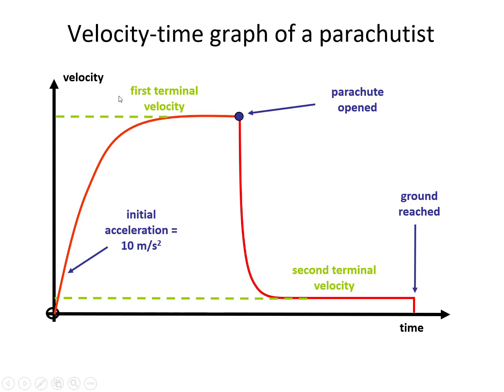So I'm talking about this bit here at the top. Where it's flat, that's the first terminal velocity or terminal speed. At that point, just to reiterate, the drag equals the weight. And then the parachute is opened, and you get quite a drastic change, a sudden deceleration. Initially the air resistance, or the drag as you open the parachute, is huge.